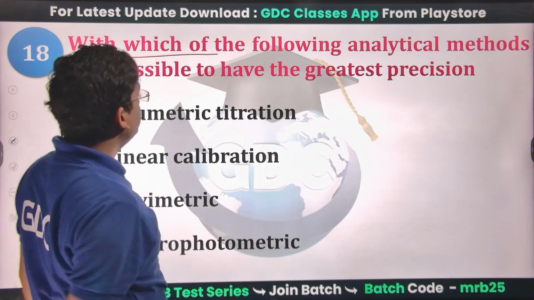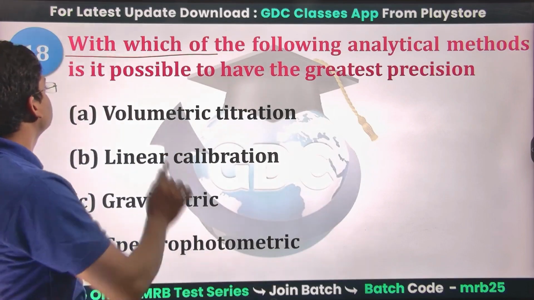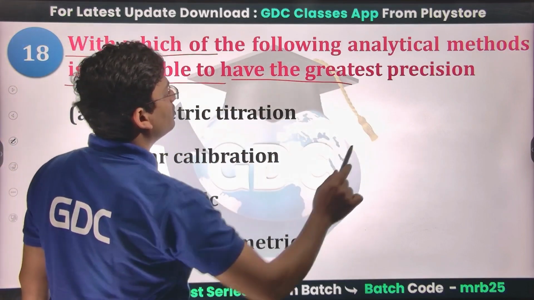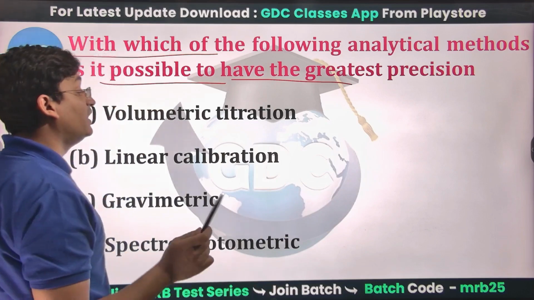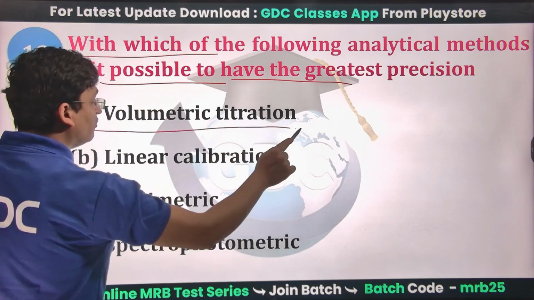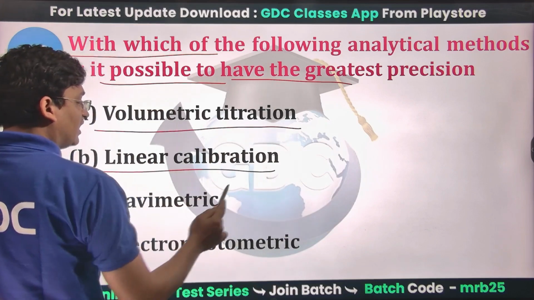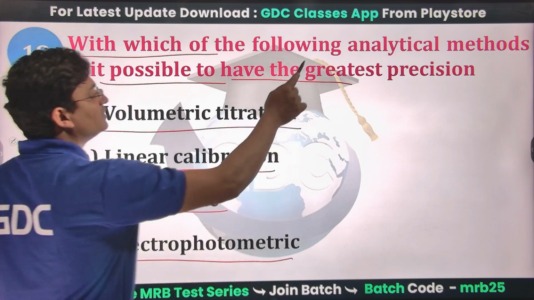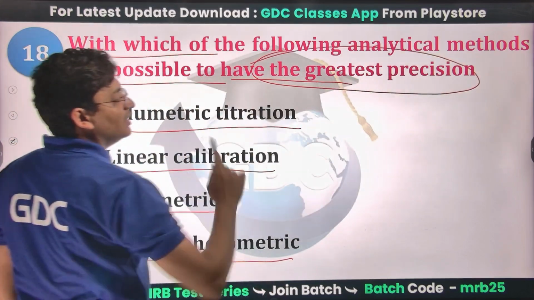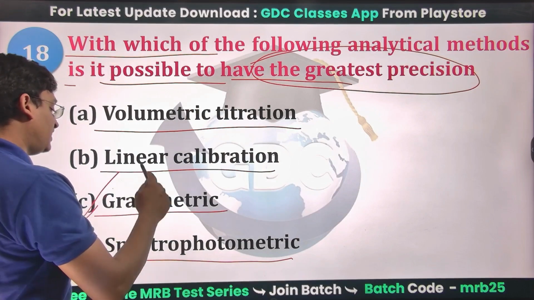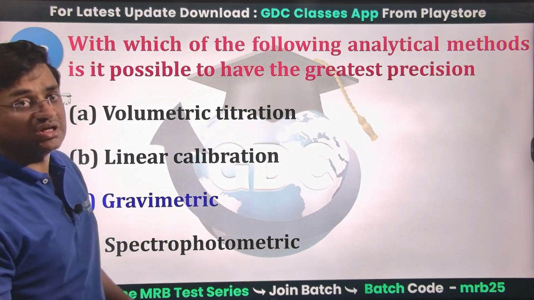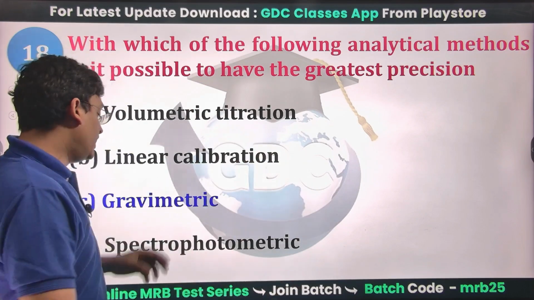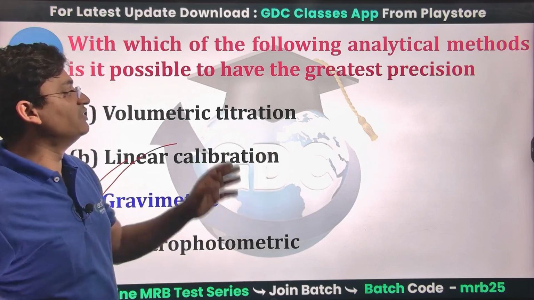With which of the following analytical methods is it possible to have the greatest precision? Is it volumetric titration, linear calibration, gravimetric, or spectrophotometer? So for the case of greatest precision, we use gravimetric. Gravimetric methods are quantitative methods, and they have the greatest precision.